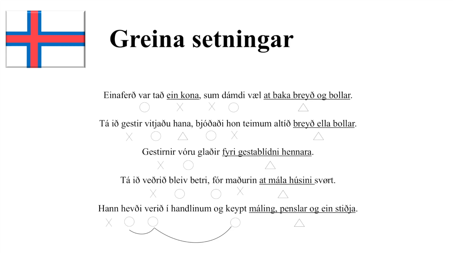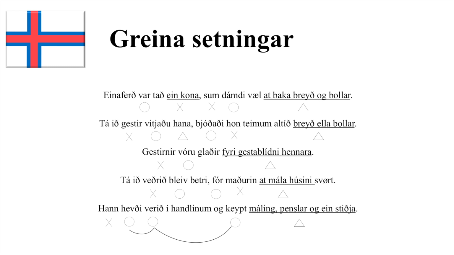And same thing in the second sentence. Whom or what did she offer? Kvön or kvad bjói hon? Brei eller bollar. Bread or buns. And then gestinir voru glægir fyrir gestablutni hennara. Kvön voru gestinir glægir fyrir gestablutni hennara. Whom or what were the guests happy for?